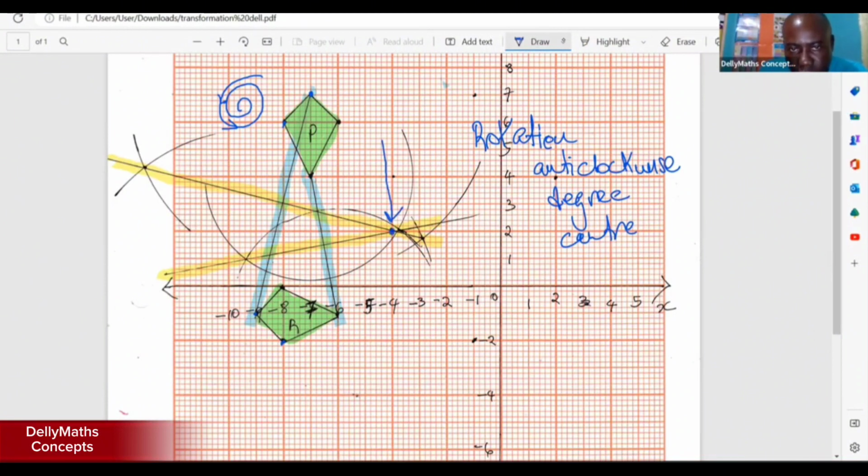This is where the two lines cross. You could zoom in and look, right? So it means the center is -4, 2. My center is -4, 2.